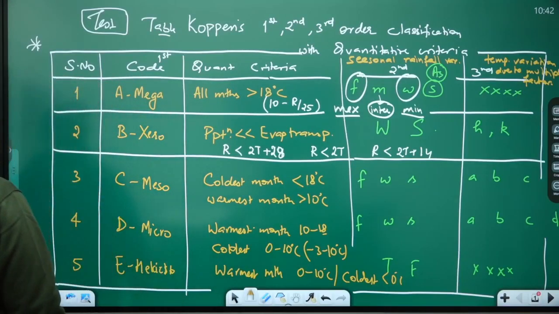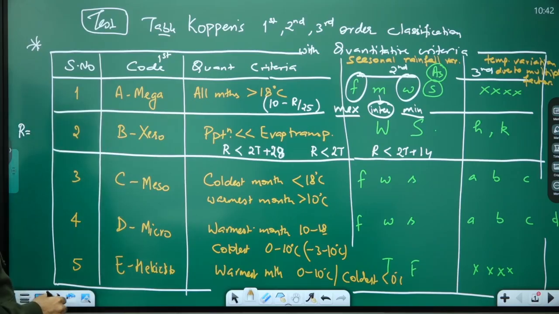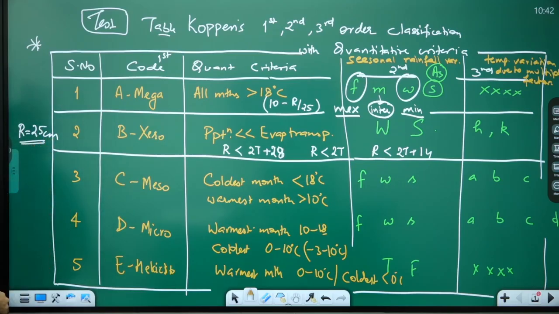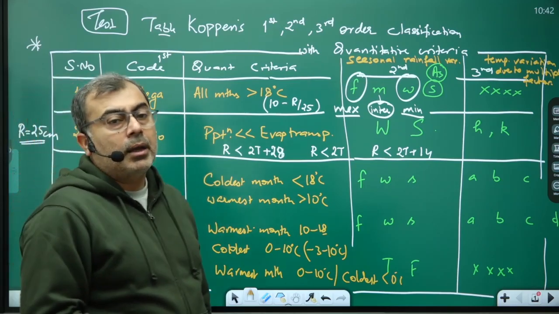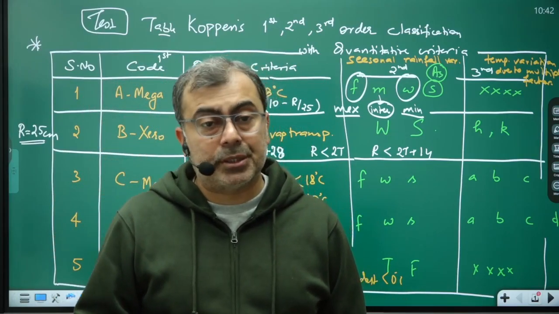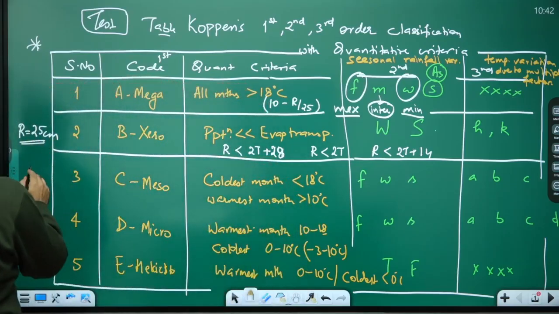So there is this region where annual rainfall R is, say for example, 25 centimeters. Get that? And your average annual temperature is, say for example, 30 degrees Celsius.